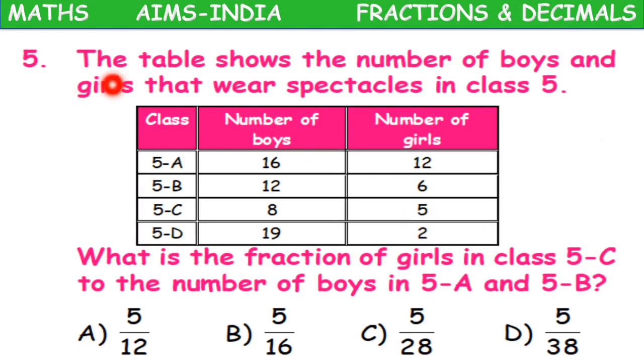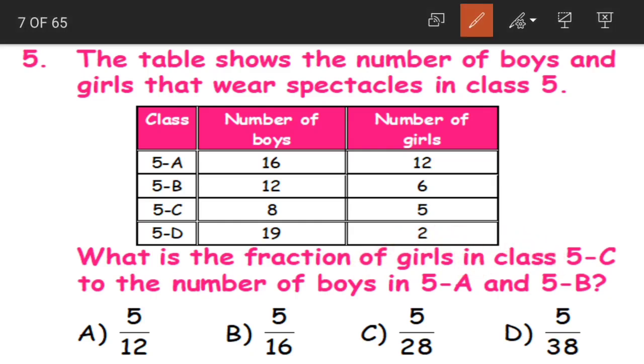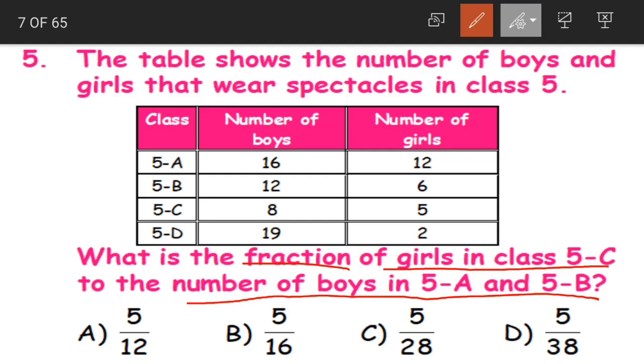Question number 5. The table shows the number of boys and girls that wear spectacles in class 5. Now what is the fraction of girls in class 5C to the number of boys in 5A and 5B? What should we find out? The fraction of girls in 5C to the number of boys in 5A and 5B.